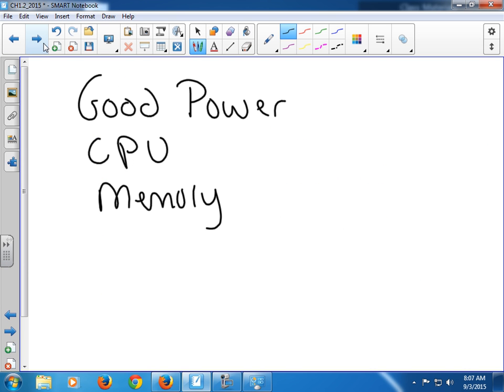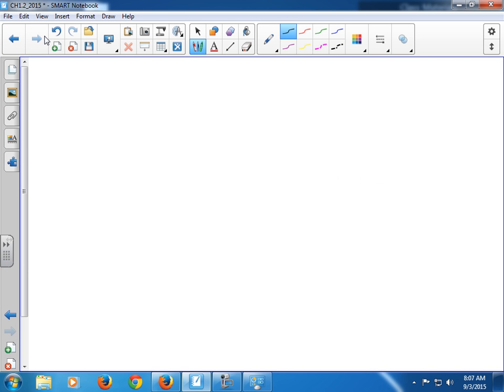So the next term that I want to go through is BIOS. BIOS is a program that's hard-coded onto our motherboard, that does the basic running of the PC before we see our Windows.